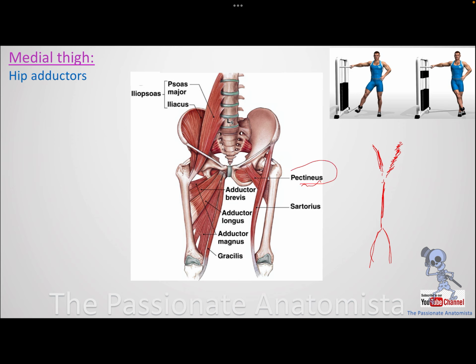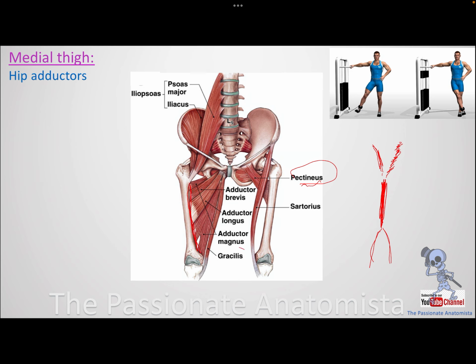So basically, pectineus muscle takes its origin from the pectineal line in the pubic bone to the pectineal line of femur. What about the rest of them? Remember, I told you the linea aspera is the insertion of all adductors. All of the adductors would go all the way, as you can see, guys, here to get attached to the linea aspera.